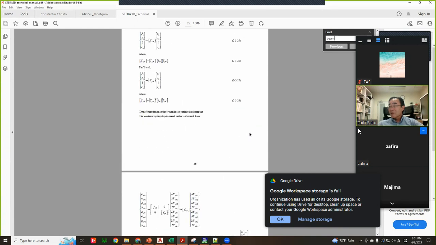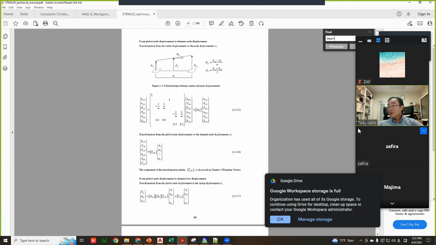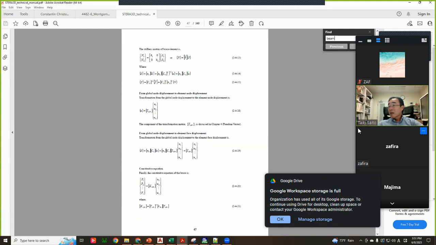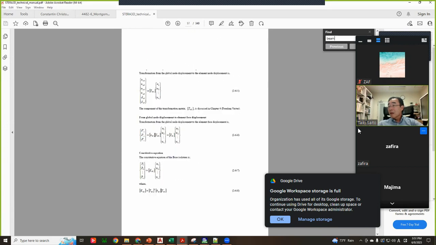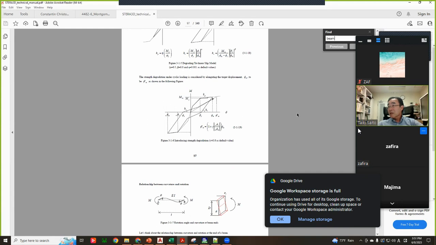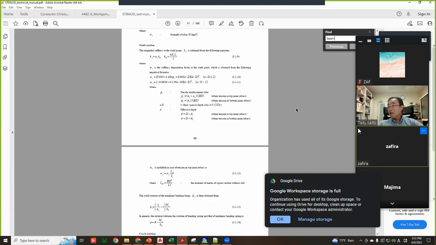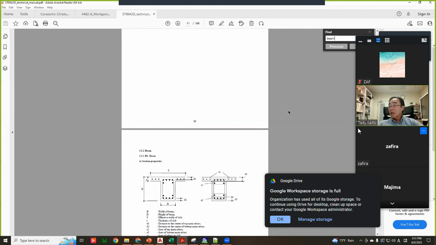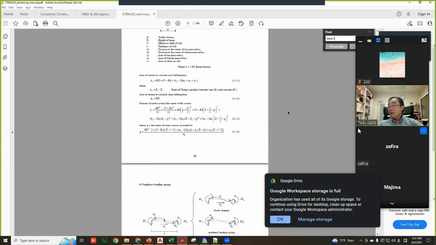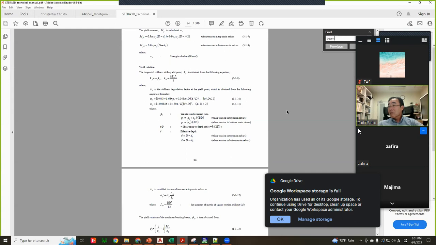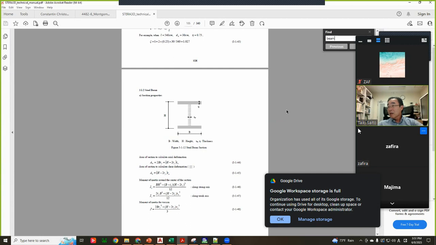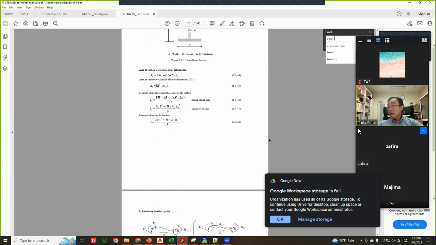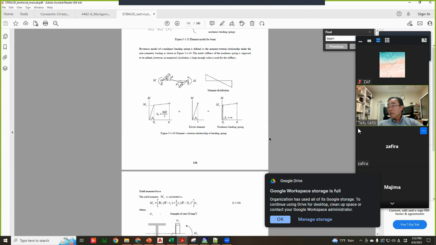No. Continue. Stop. Let's see. Beam. But it's a concrete. Go down. Oh yeah, this is steel beam. Could you go down? Yeah. Or maybe this one. With the moment.